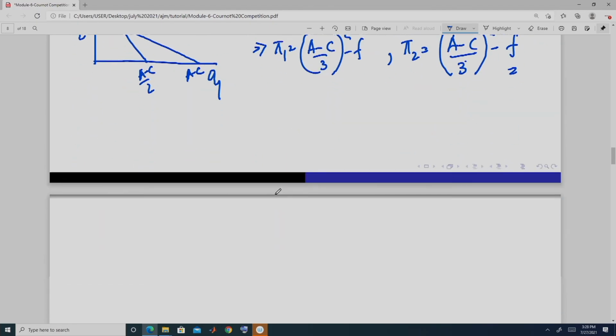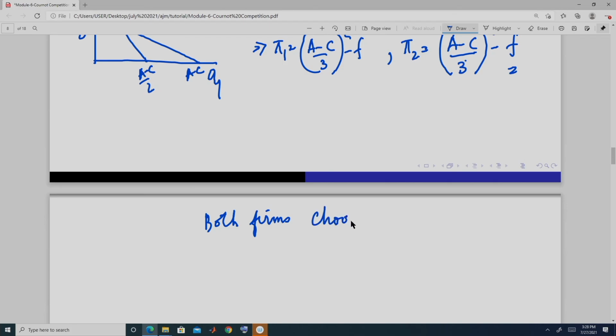Now, suppose both the firms choose this, then again we know what the reaction function is going to be.